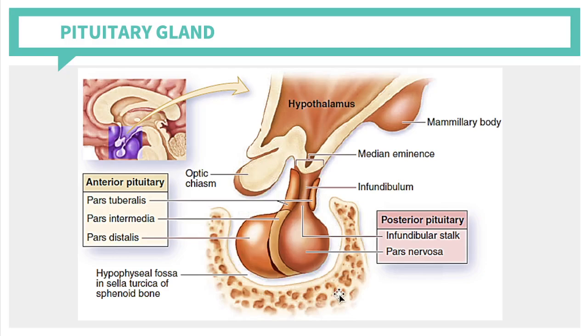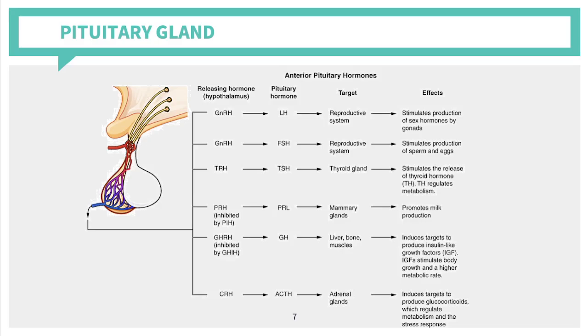Again, two parts differ developmentally, structurally, and functionally. Posterior pituitary gland, also known as your neurohypophysis. Anterior pituitary gland, adenohypophysis. Please do not forget about that. Okay? Sige. So, what are the different hormones produced by your pituitary gland?